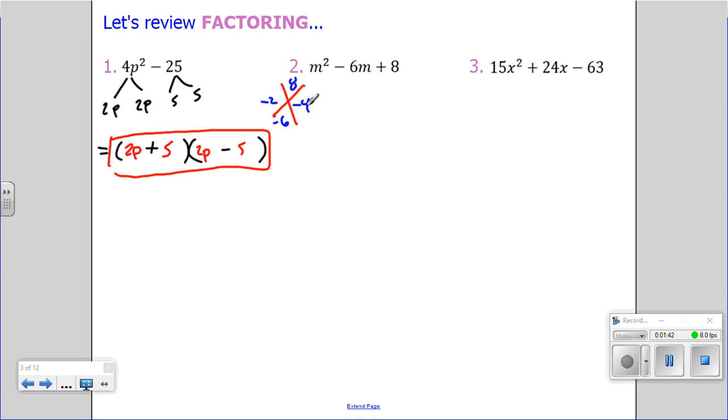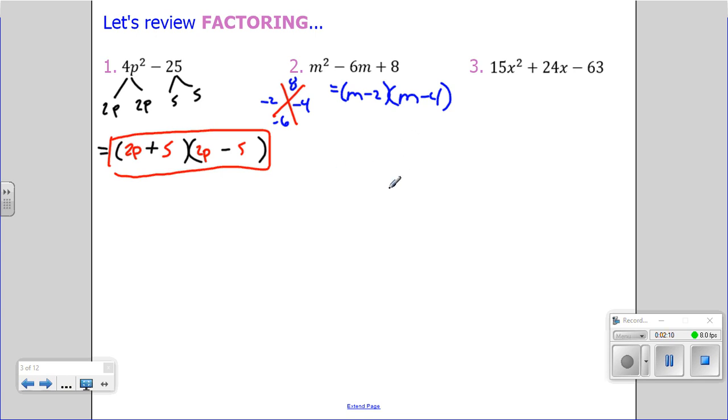Negative 2 plus negative 4 is negative 6. So the factors would be m minus 2 times m minus 4. Whatever variable is in the problem needs to be used in the final solutions, ladies and gentlemen.